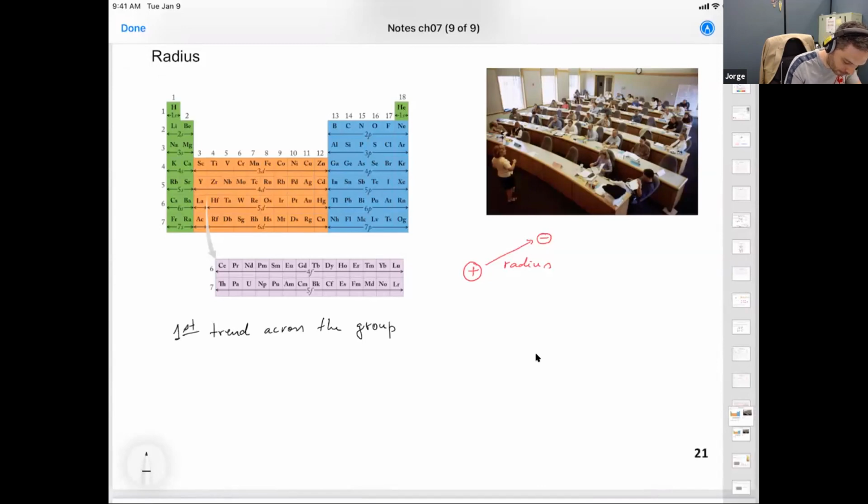So therefore, we are looking at the columns, and we will move from the top all the way to the bottom. And let's see what is the behavior of the radius. Okay, so that's what I will start analyzing.